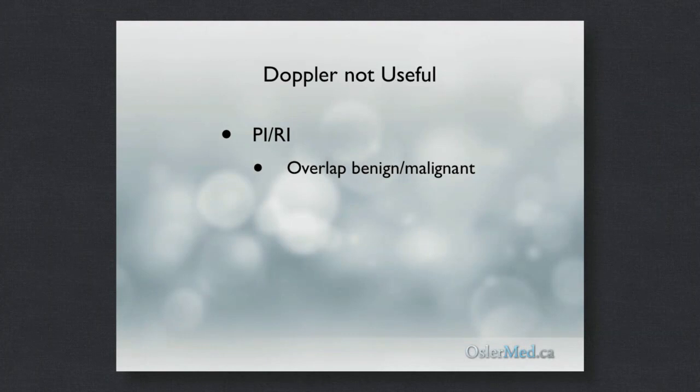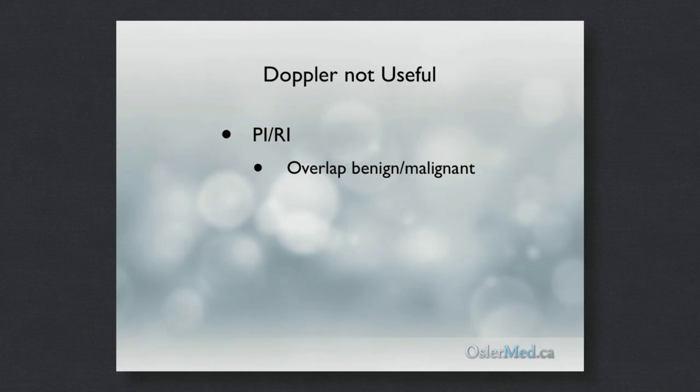Many studies have been performed over the years with the hypothesis that there may be reduced pulsatility and resistive indices in malignant masses relative to benign masses. This in particular has been studied in complex cystic masses to try and determine if they're cystadenomas or cystadenocarcinomas.